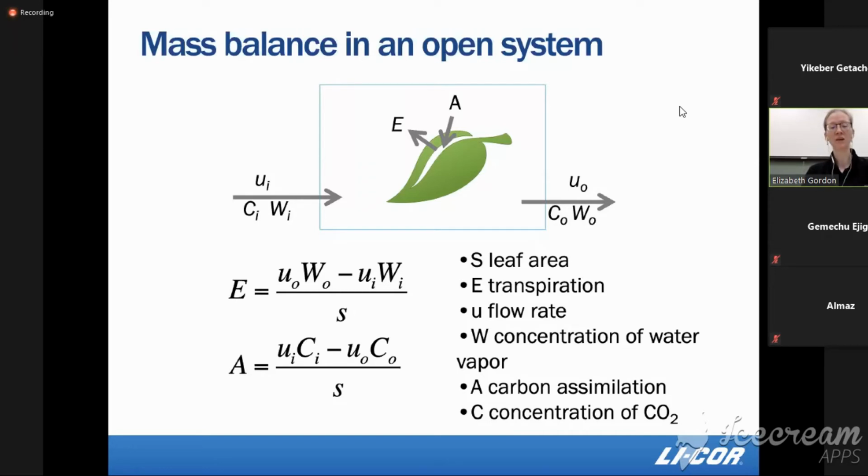We measure water going in and water going out, and CO2, and then the difference between the two tells us either transpiration or photosynthesis, looking at the change in CO2.